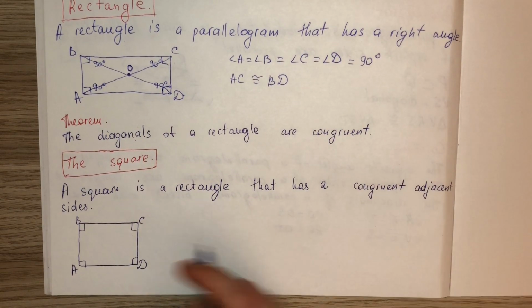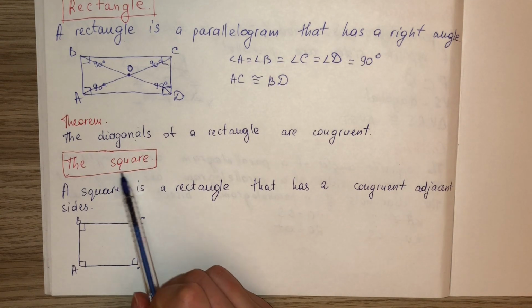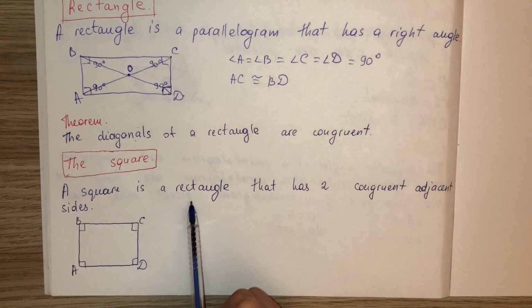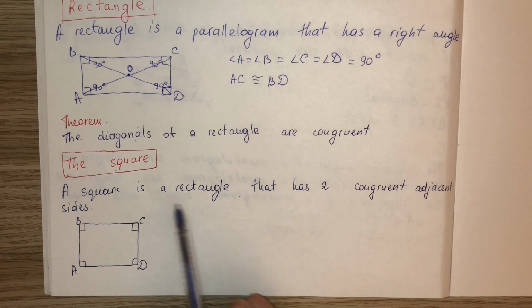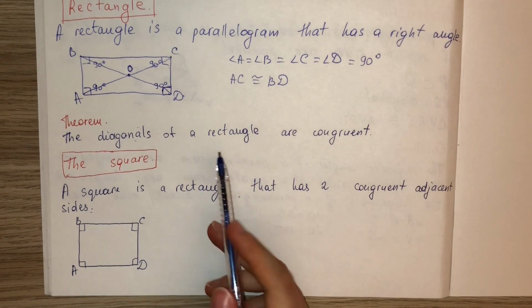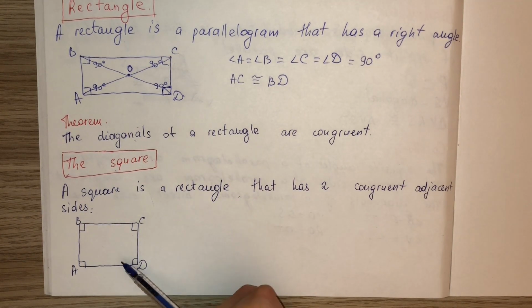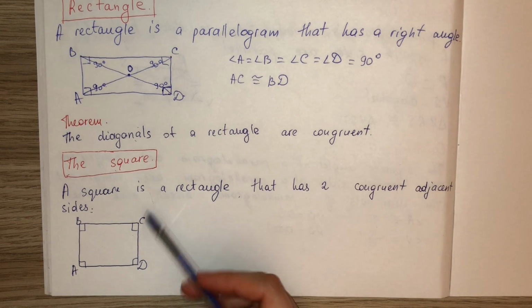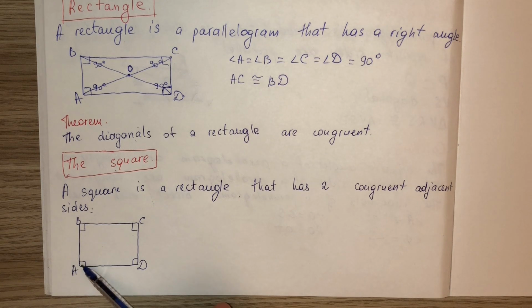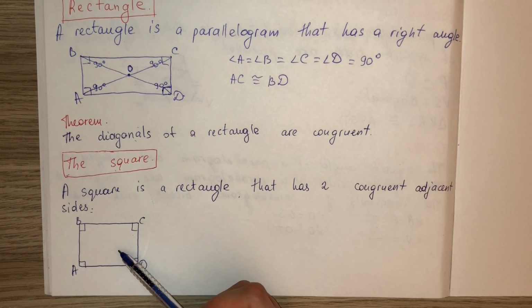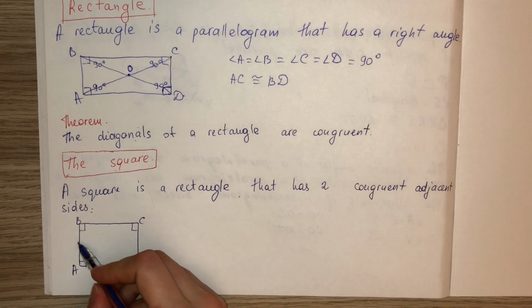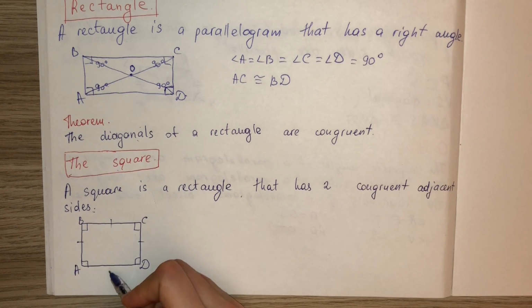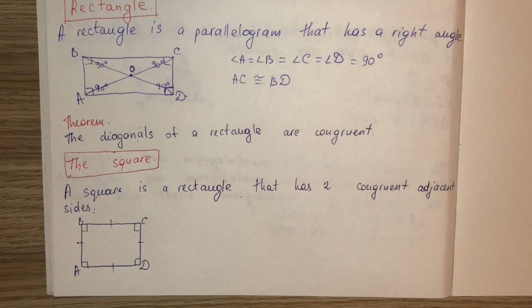And our new figure is the square. A square is a rectangle that has two congruent adjacent sides, as is easily seen from the figure that the angles A, B, C, and D are all right angles, and also all these sides are congruent.